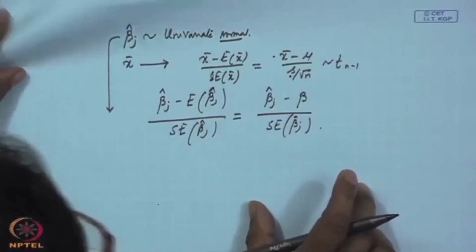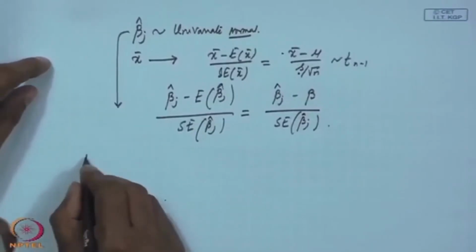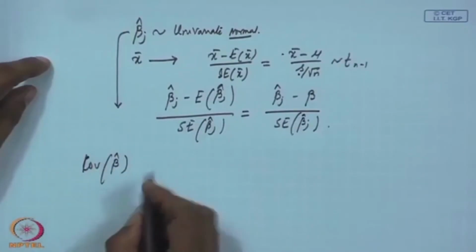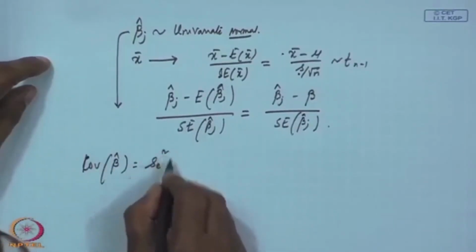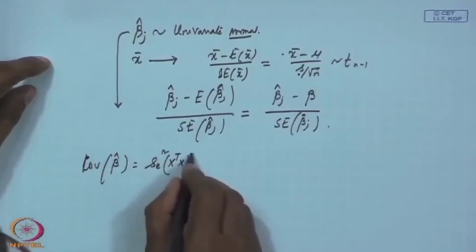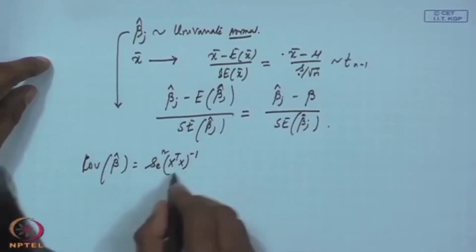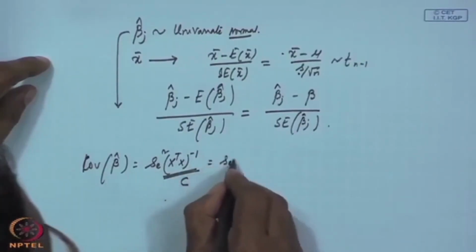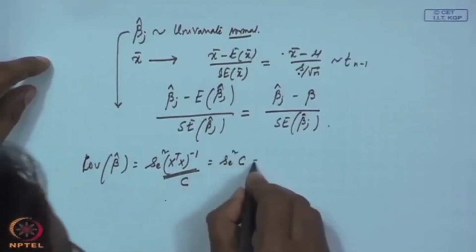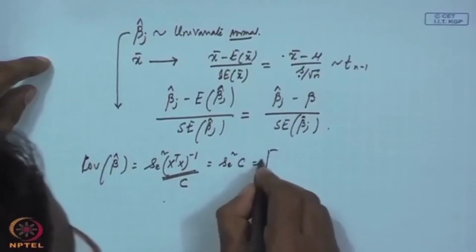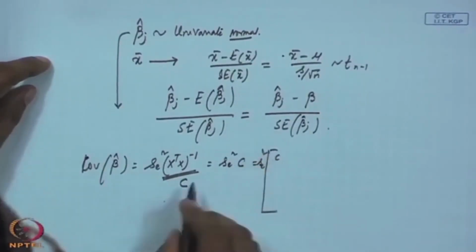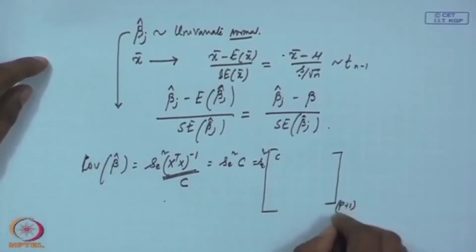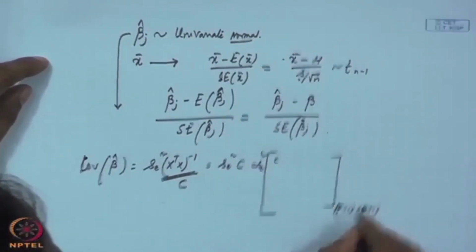How do you find out this one? See, you know that the covariance structure of beta cap is already given to you. This one is nothing but σ² (X transpose X) inverse. So, if I write (X transpose X) inverse as C, then this is σ² C. What is the size? Size is p plus 1 cross p plus 1.